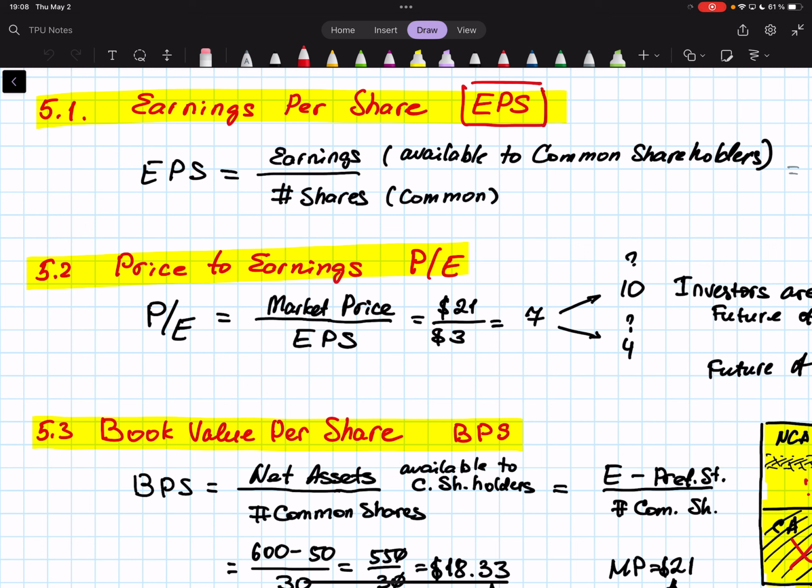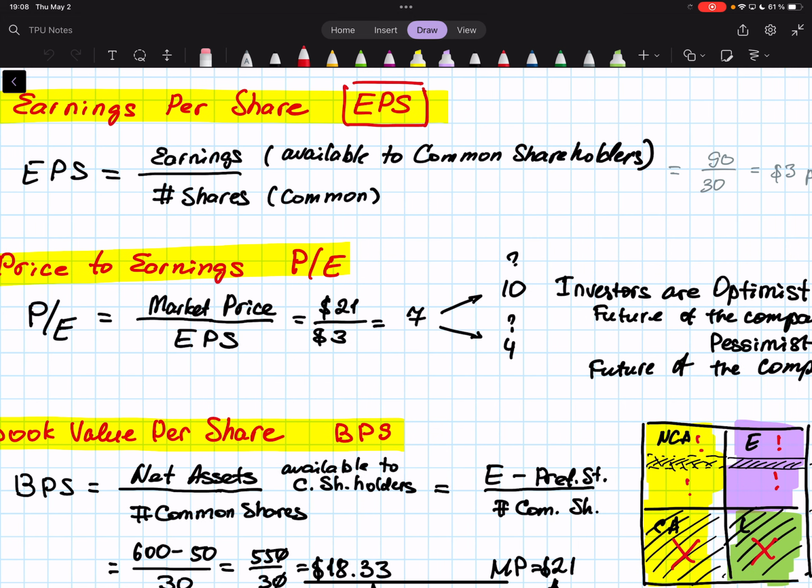If I divide the 21 by 3, I will get the number 7. And we were discussing what that means. And the idea was this, that if this ratio is growing, it means that the market price is growing faster than the earnings of the company.